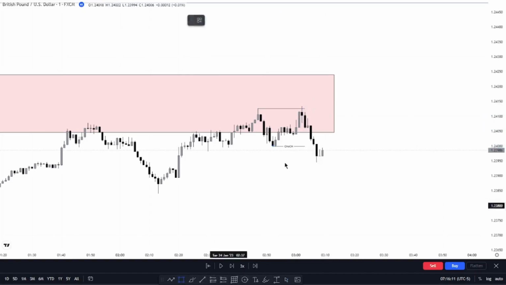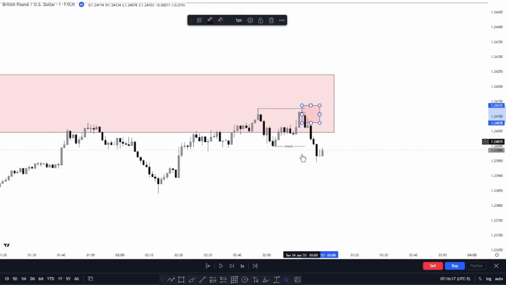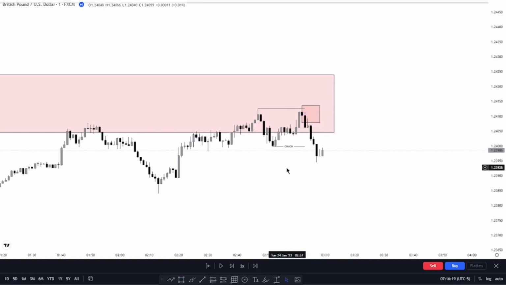But if I mark this candle as my OB, you can see that there is no imbalance. All right, there is no imbalance there. And once there is no imbalance in the candle you mark as an OB, that OB is not a high probability OB. There are four characteristics of a valid OB, which I've said severally.